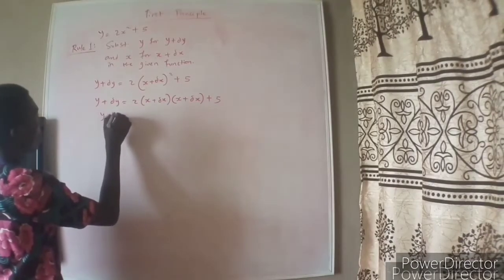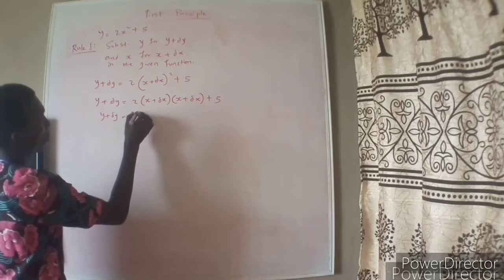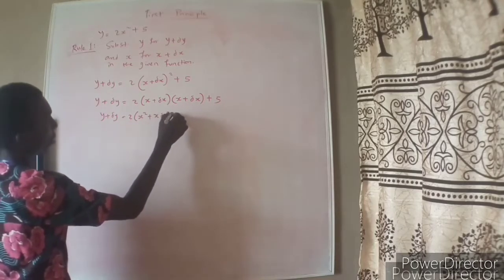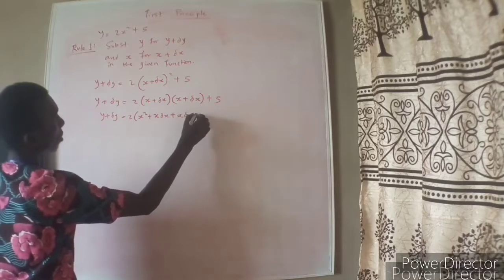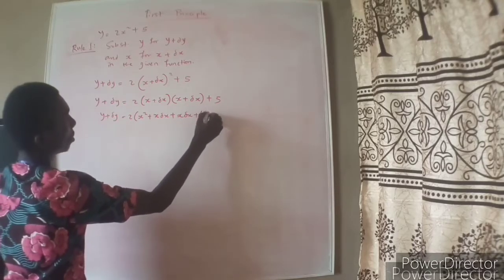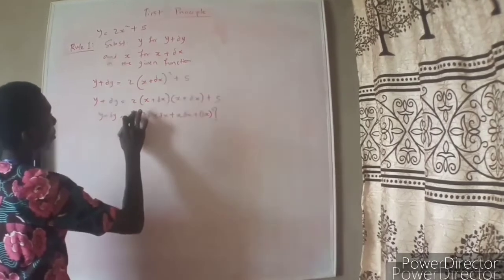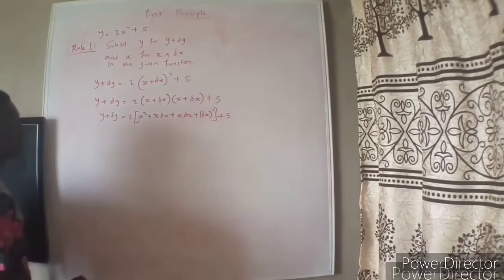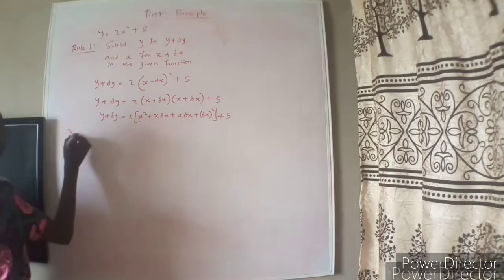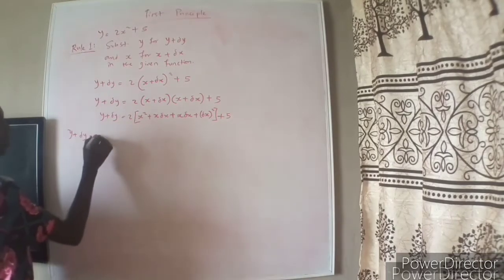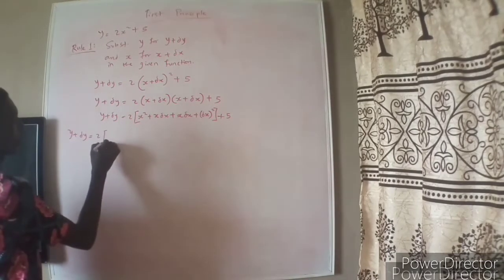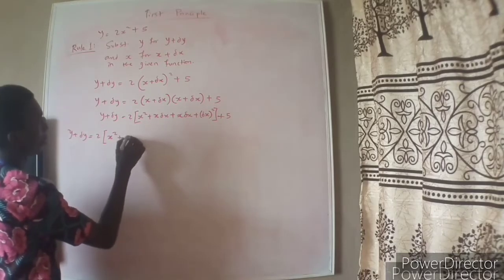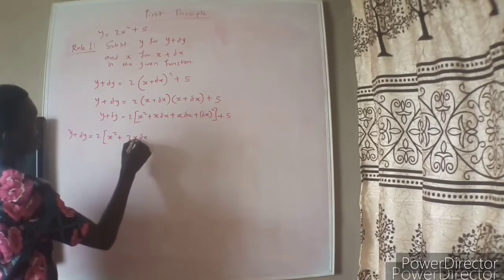So my y plus delta y equals 2, here I'll be having x squared plus x delta x plus x delta x plus delta x all squared, plus 5. So I can have my y plus delta y equals 2 into bracket x squared, x delta x plus x delta x is equal to 2x delta x.